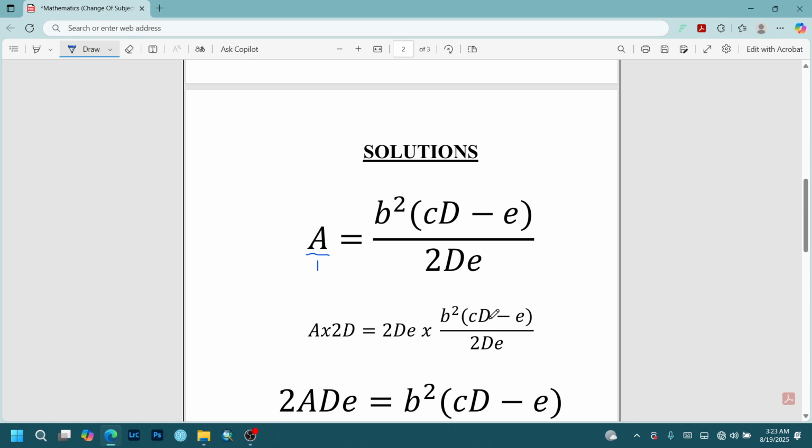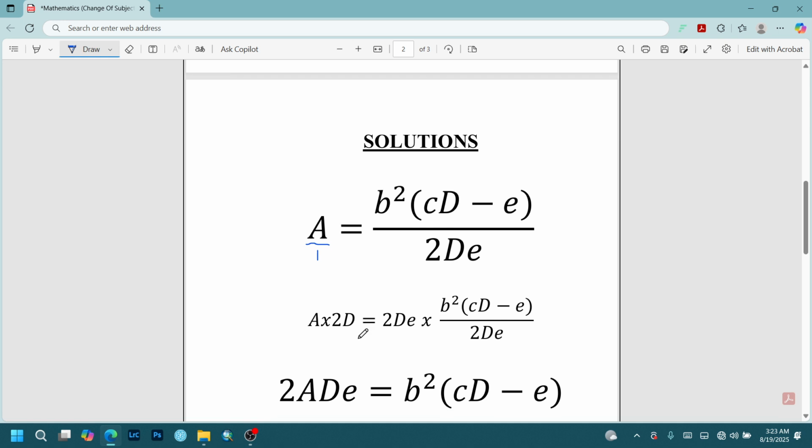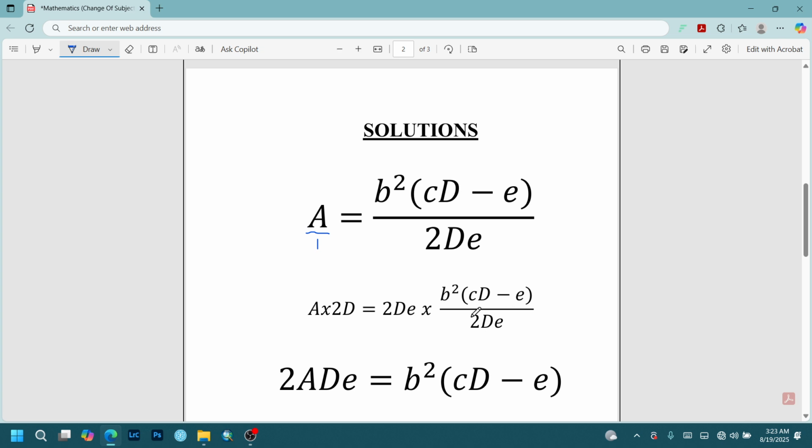So we have our equation to be A multiplying 2DE equals 2DE times the fraction B squared multiplying (CD minus E) over 2DE, right? So we will do some cancellation.